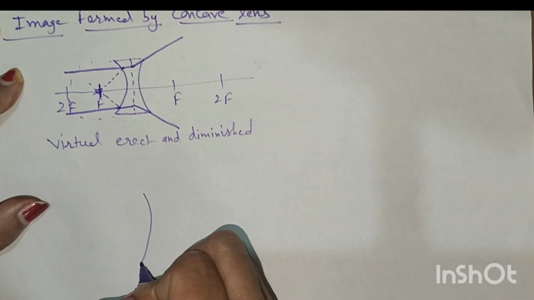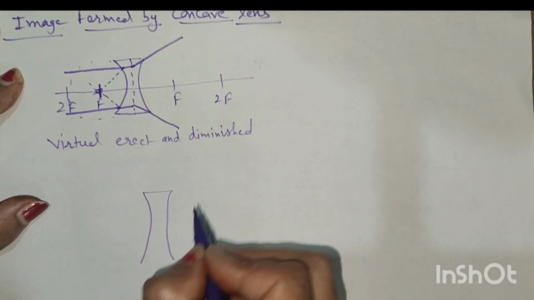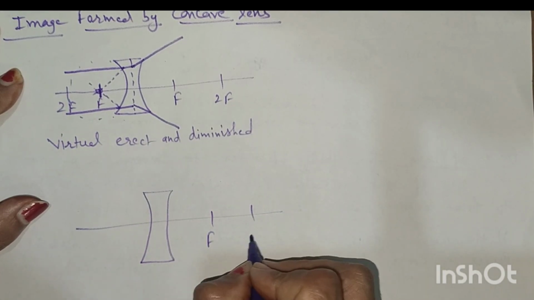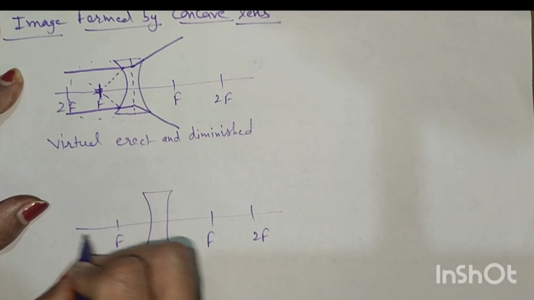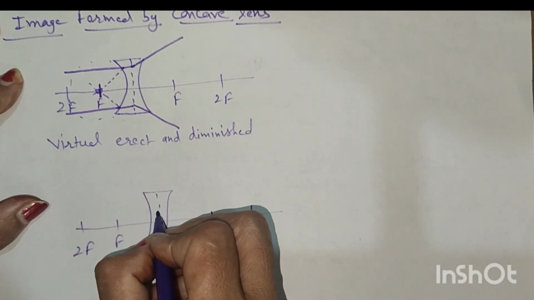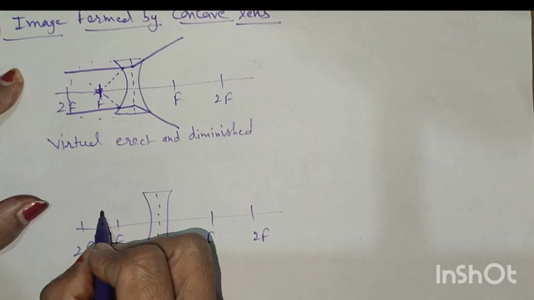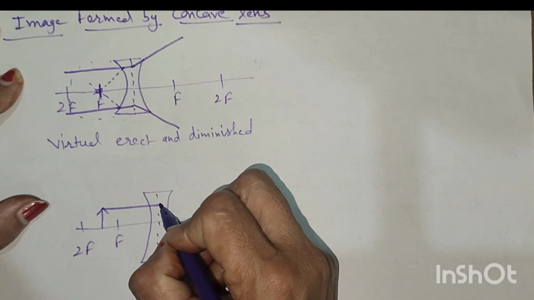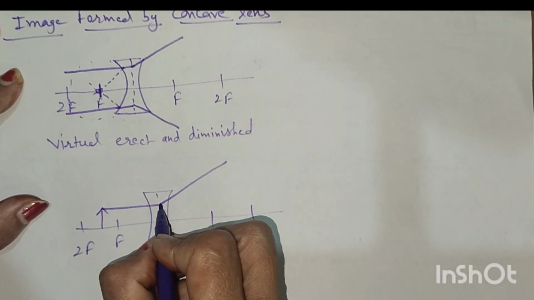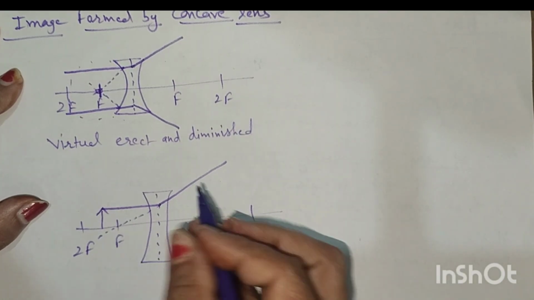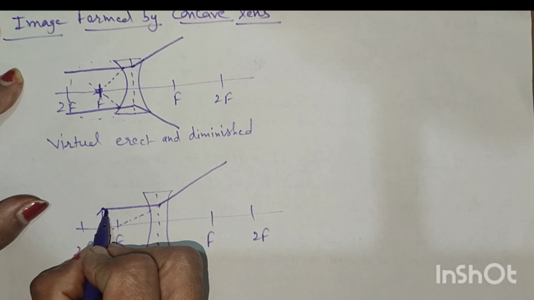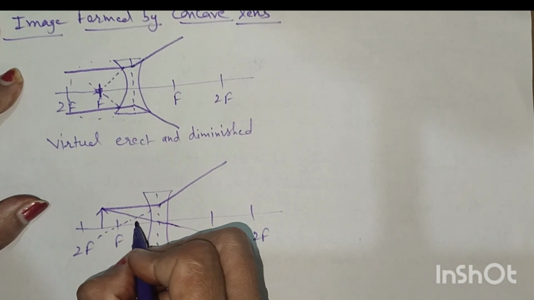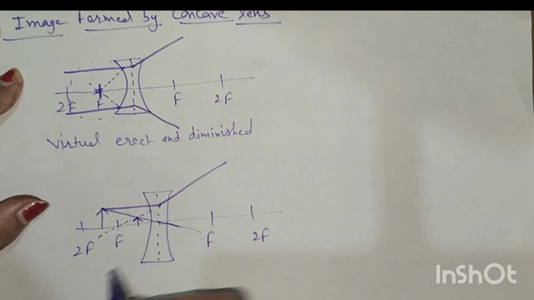Now the other position is when the object is placed at any position. First the ray goes parallel, then after refraction goes back, and the ray goes through the optical center undeviated, and this is the image.